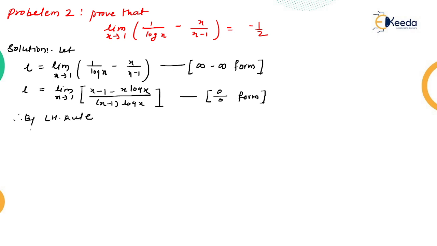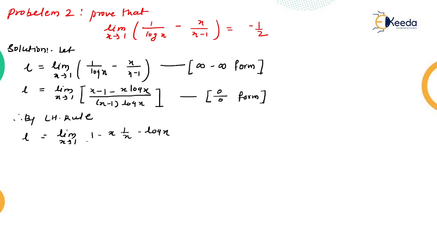So by L'Hospital rule, what you will get here? Limit as x tends to 1. Take the derivative of numerator: derivative of x minus 1 minus x log x becomes 1 minus 0, and x log x is a product, so its derivative is x times 1 upon x plus log x.